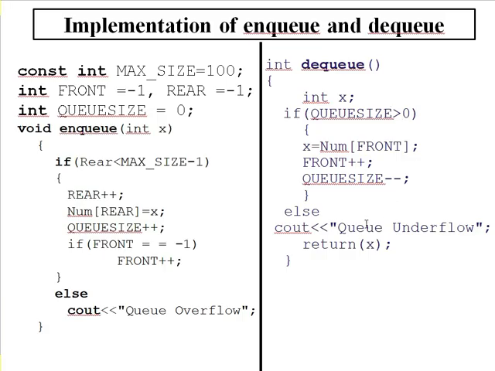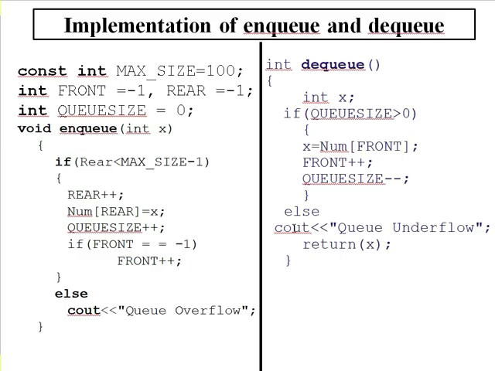So here, the front is incremented because the element that is first pointed by the front variable is already removed, so we should change the slot pointed by the front to another slot that is next to the previously pointed slot.